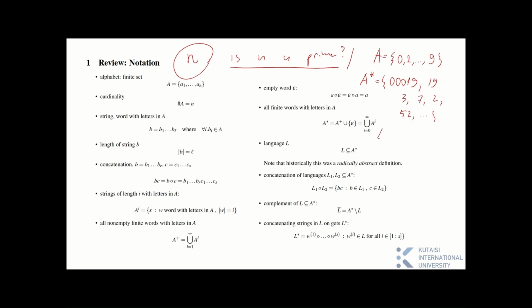And let's say I have a language L_P, which is a subset of my A star, which only contains prime numbers. So L_P contains 2, 3, 5, 7, 11, and so on. It only contains the prime numbers. So it's a language on A star where I only pick out those strings that represent prime numbers.